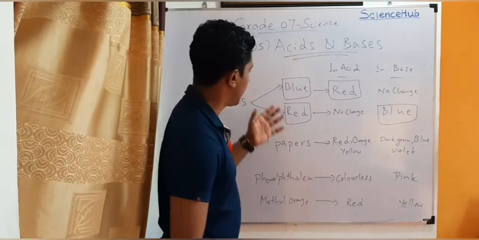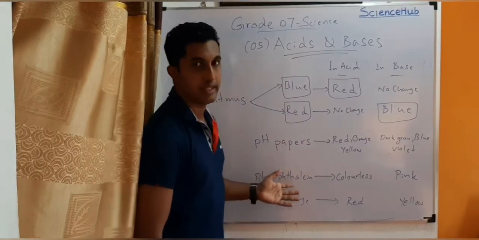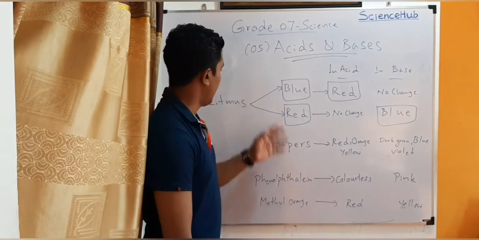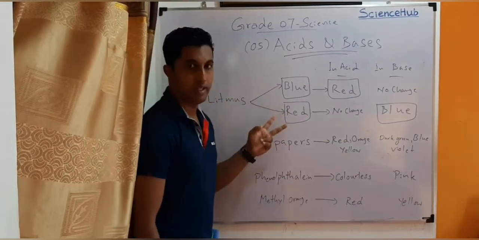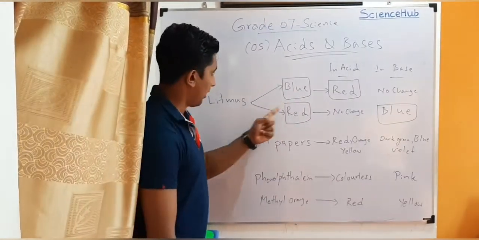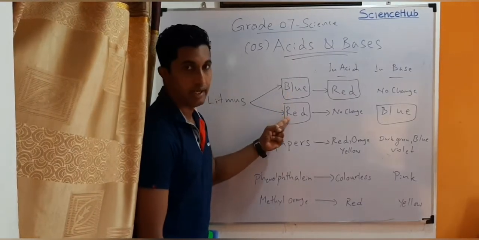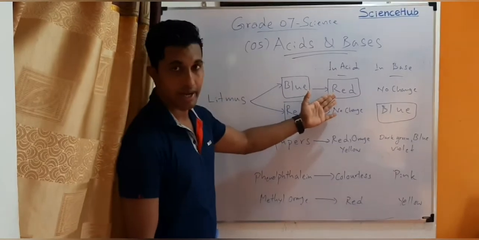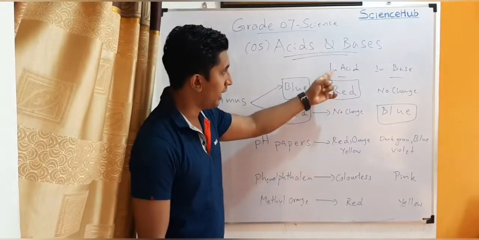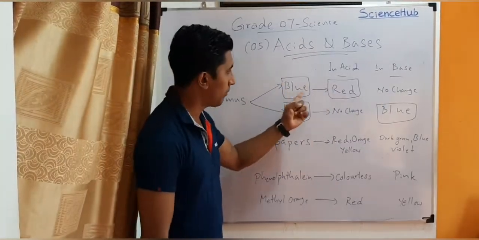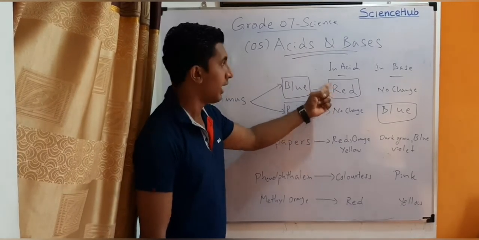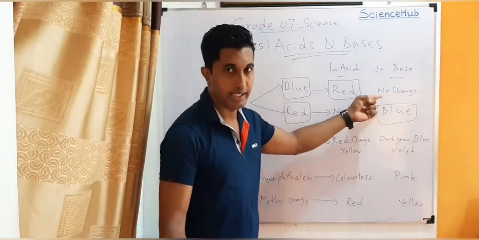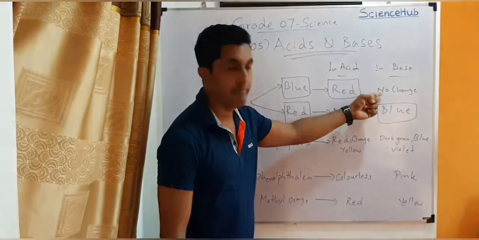These are the 5 types of indicators that you have in your book, and there are 2 types of litmus papers here. One is blue litmus and the other one is red litmus. Blue litmus turns red in acidic medium, and it doesn't show any color change in basic medium.